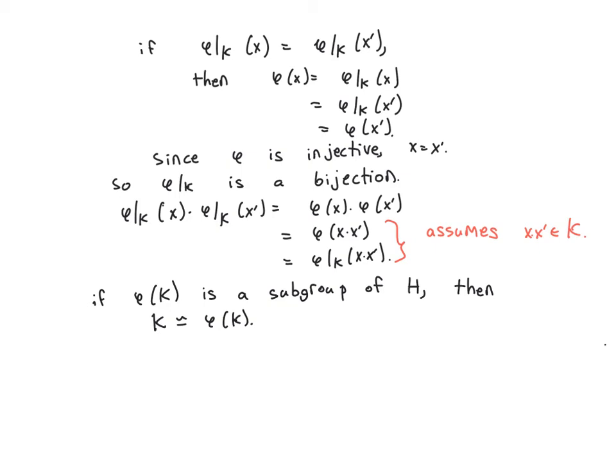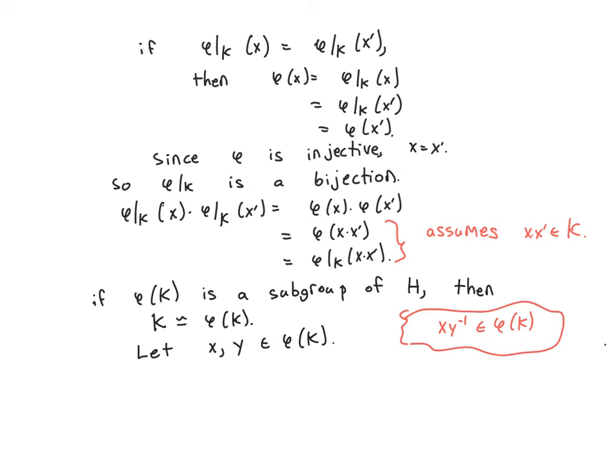Well, here I'm going to use the fact we actually have a bijection for once. To make this proof a little easier, we're going to prove a generalization of this result later in the course. But we have two elements, x and y, in phi of K. By the subgroup criterion, we're going to want x y inverse in phi of K.